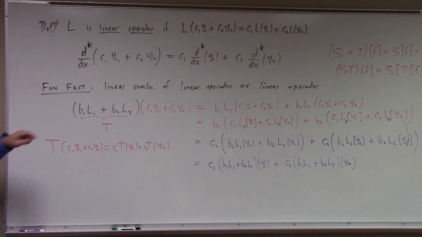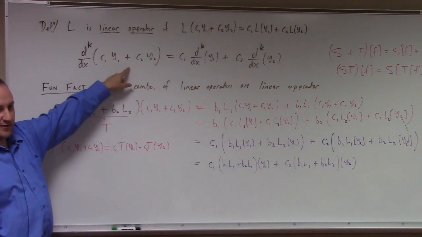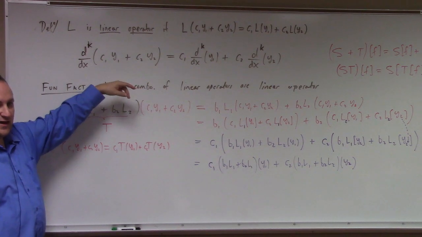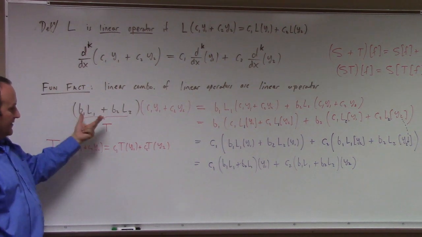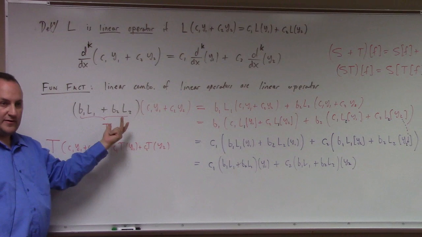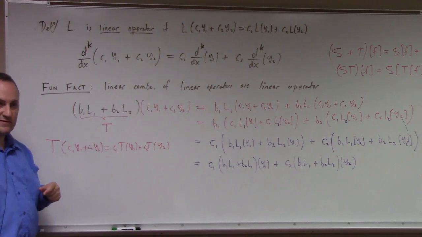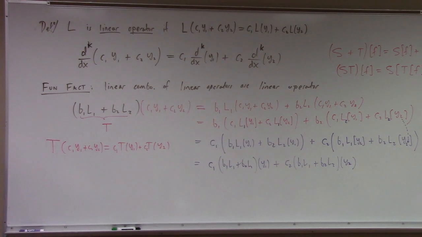We have two things. We have that the kth derivative is a linear operator, right? For any k. We have that a linear combination of linear operators is a linear operator. If you can do it for two things, you can just as well do it for 3 or 4 or 5 or 6, right? So put that all together, this L is a linear operator because it is a linear combination of linear things.